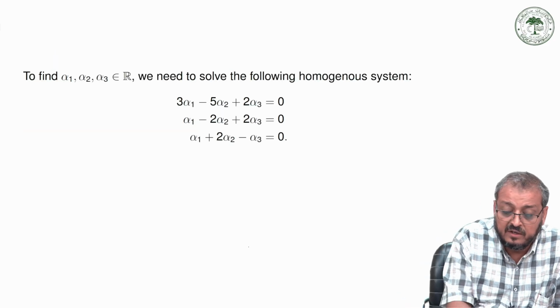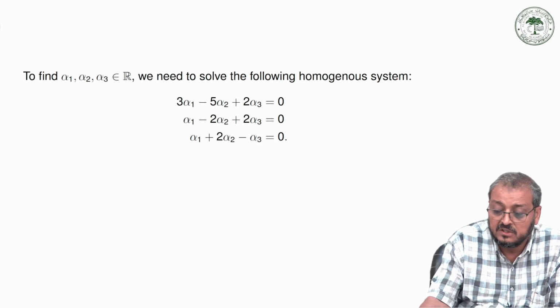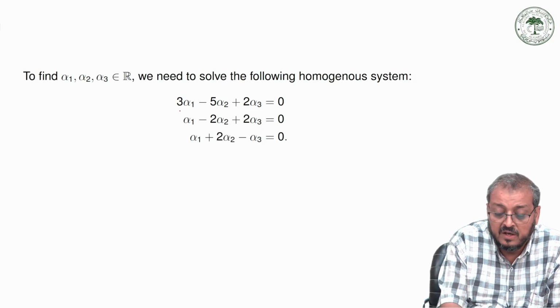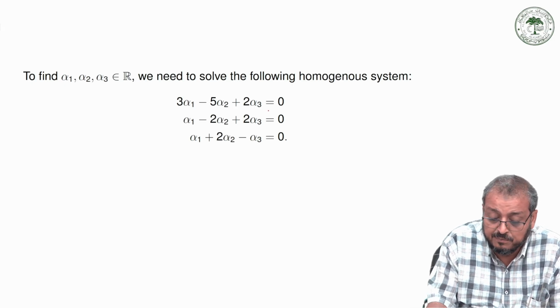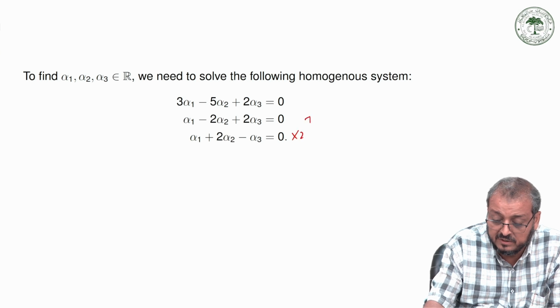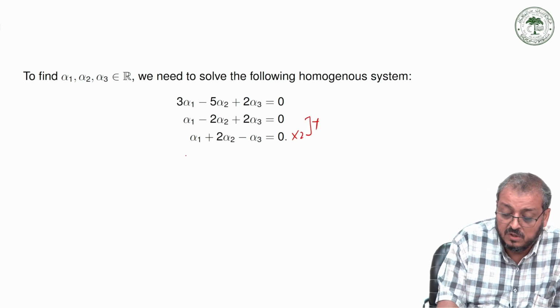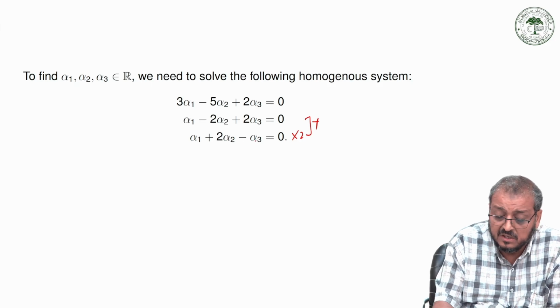We can write these 3 equations as a homogeneous system of equations. Now we have to simplify these. If we multiply this by 2 and add these two, we get the simplified equation, so we are adding these two vectors.